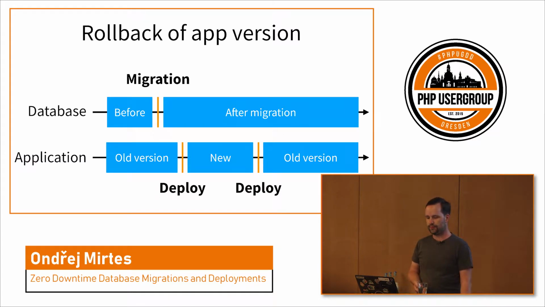And this is also the same reason why you don't need migration rollbacks at all, because each step is small and safe and there's no risk involved, so you don't have to roll back your database to the previous version. So when writing a migration, you can write only the forward direction. The backwards direction is not always possible, and you also don't need it if you follow my advice.